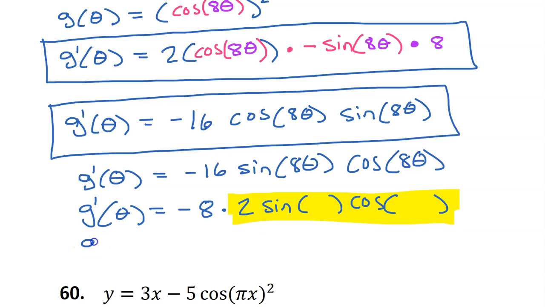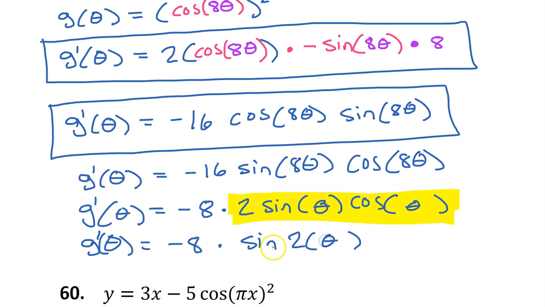So I can rewrite this. I have to keep the negative 8, but this yellow stuff is going to be sine of 2 times, like if this was theta, then I would say sine 2 theta. But it's empty, so I'm just going to have sine 2 empty.